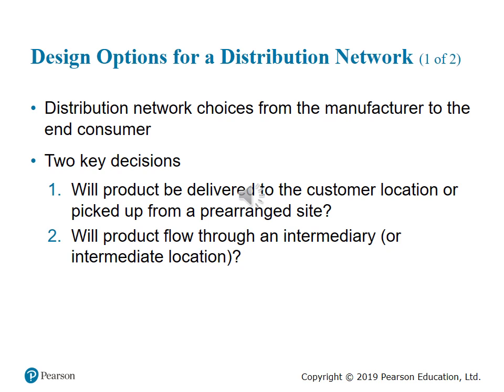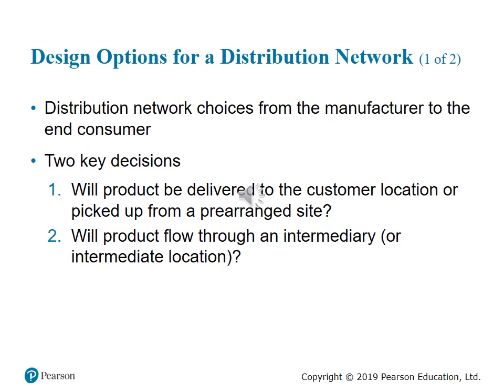Two key decisions when dealing with distribution networks. Will product be delivered to the customer location or picked up from a pre-arranged site? So it's very important. Are you going to deliver to the customers, or will customers come and pick up their orders from a specific location? So you need to design or to recognize this point in your distribution network.